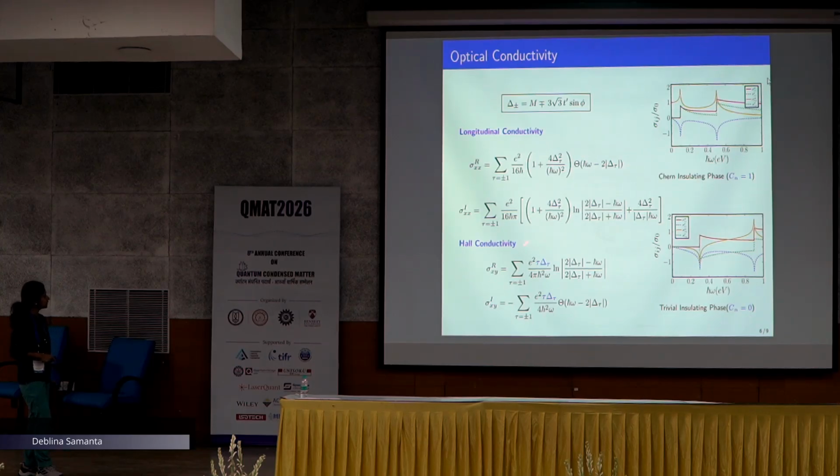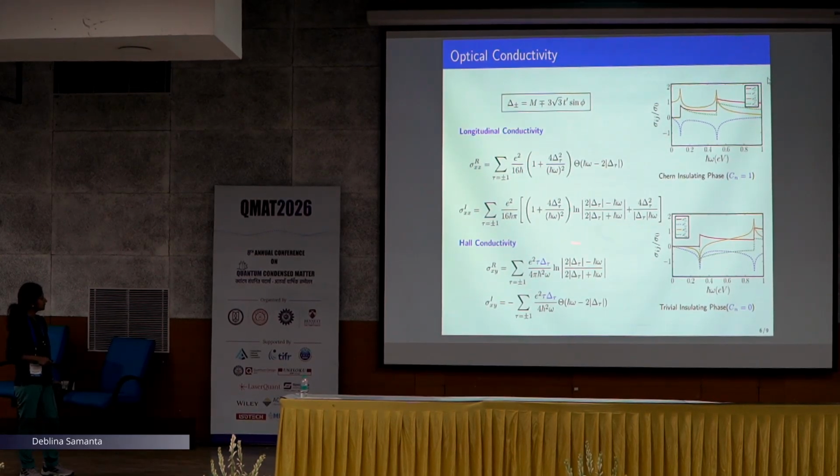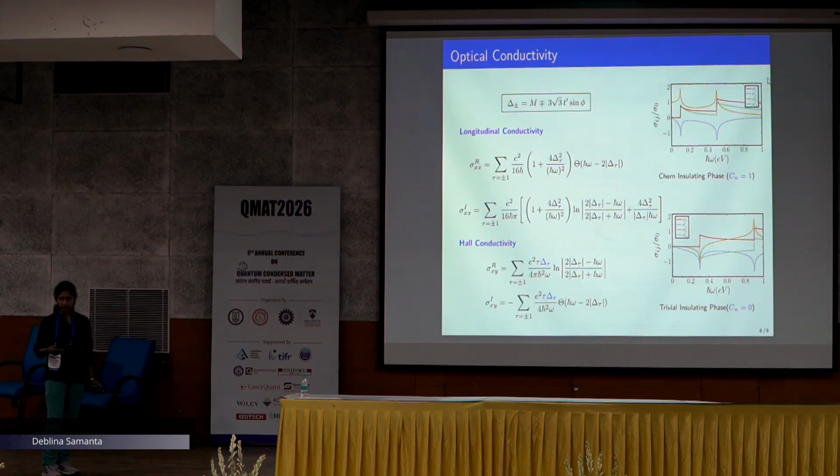But the Hall conductivity expression has a direct dependency on the sign of tau multiplied by delta tau. So if we are in the trivial phase, the sign of the Hall conductivity will always change, but if we are in the topological phase, the sign of the Hall conductivity, both real and imaginary, will never change.